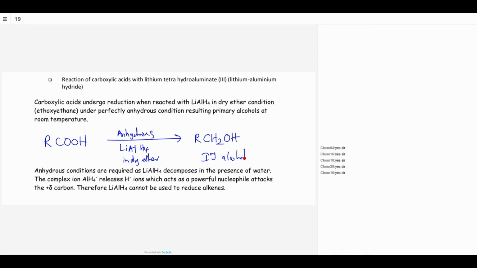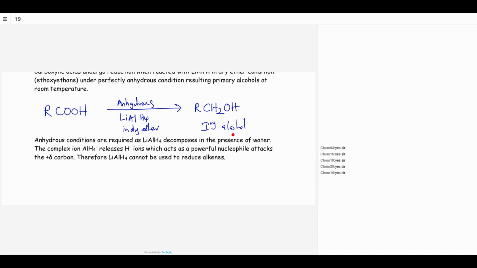Lithium aluminium hydride, again, I explained this last week, has aluminium hydride. The aluminium hydride releases the hydride ions. Unlike hydrogen gas, which releases H plus ions, the hydride ion is a powerful nucleophile, so it attacks the plus delta carbon over here and reduces the carbonyl group.